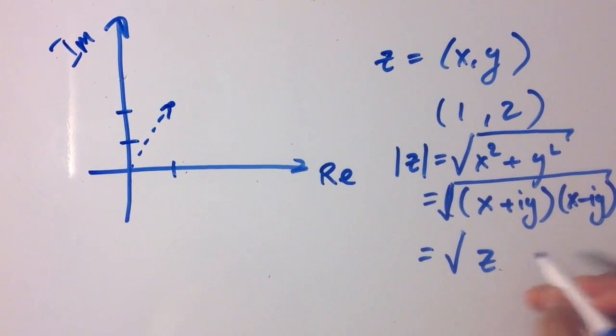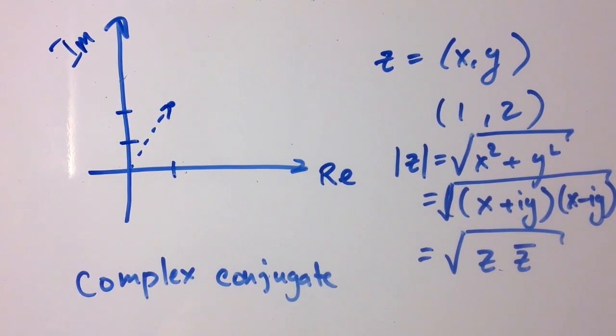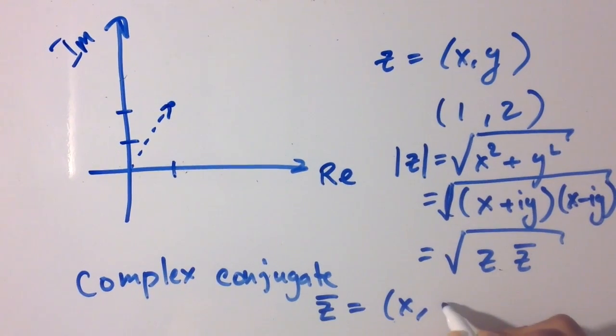So the first number is our z, and we call the other number the complex conjugate. So the complex conjugate of z is given by x minus iy.